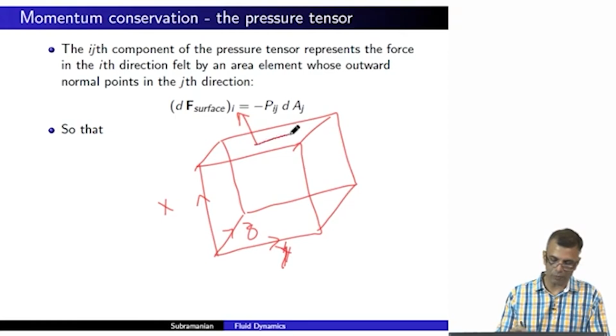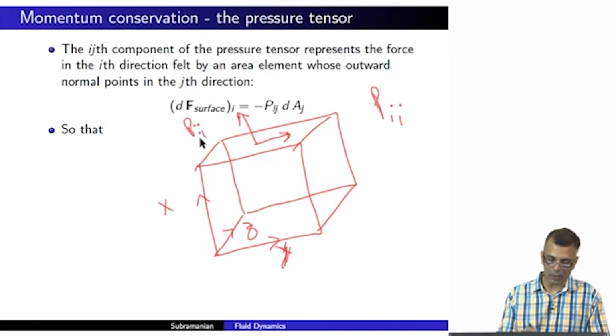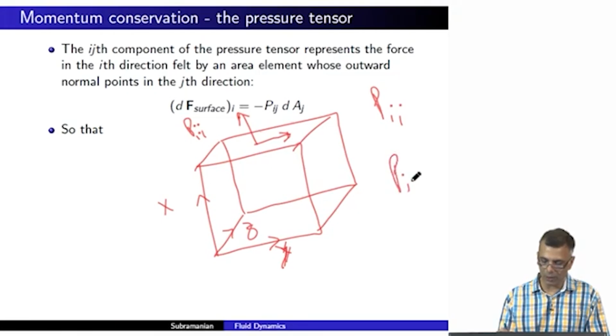You can also have a force that's acting like this. So force in the ith direction, suppose this is the i direction, and the area element is characterized also by the i direction, in which case the force would be P_ii. And any other force like this would be something like a P_ij. And the j would be something like this.